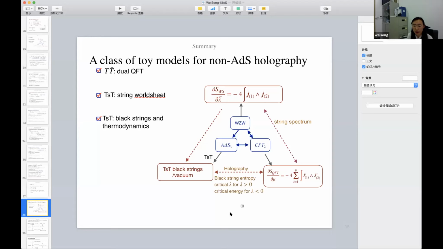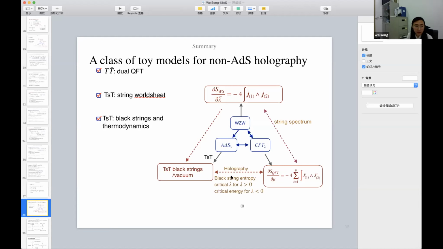The other one is that by constructing the black string solutions using the TsT techniques, one can show that the black hole entropy can be reproduced by the single trace TTbar deformation. And we also reproduce this critical value and critical energy for this TTbar deformation from the gravity side.